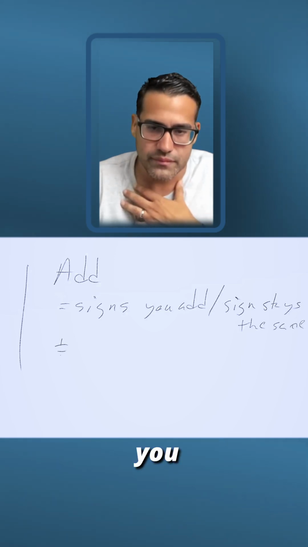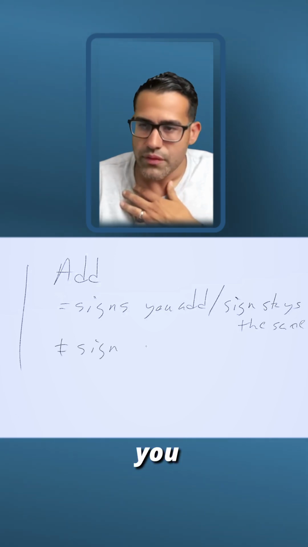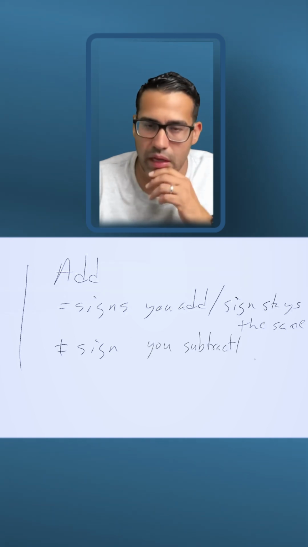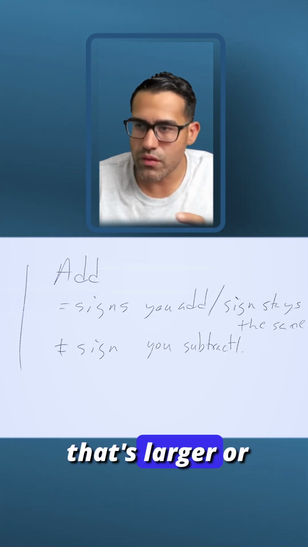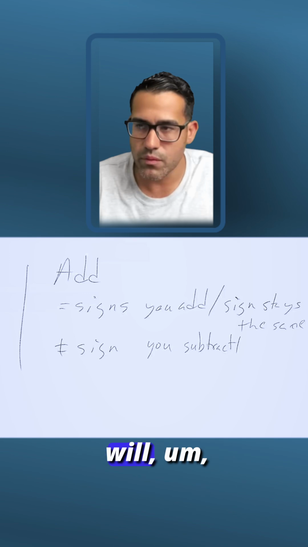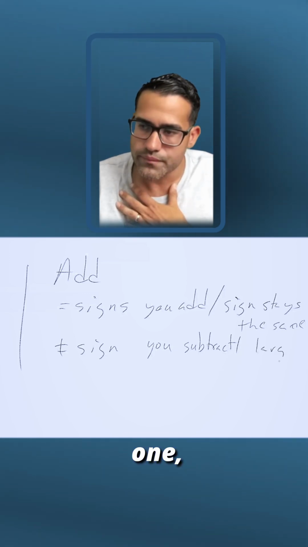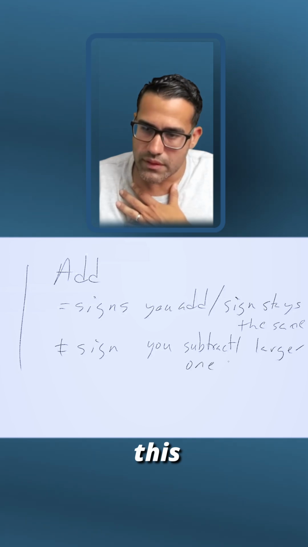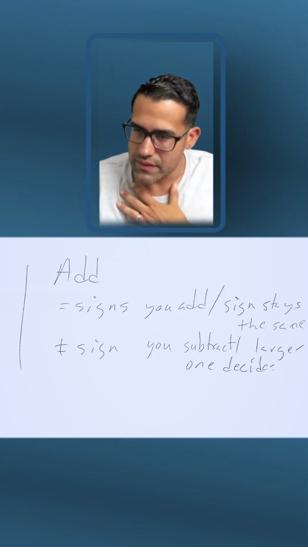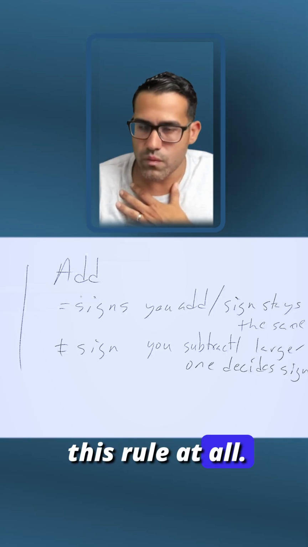Different sign, you subtract, and the one that's larger or has larger absolute value will decide the sign. Larger one decides sign. So I don't like this rule at all.